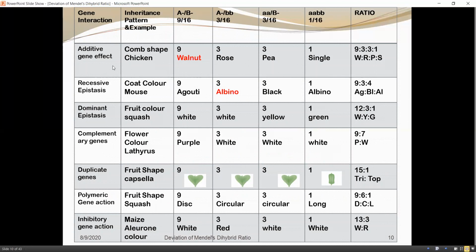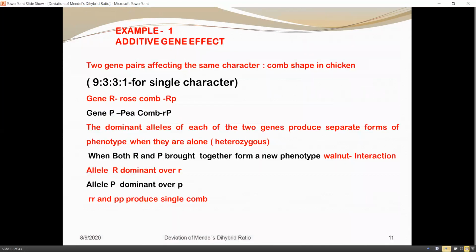And we have seen additive gene effect, recessive epistasis, dominant epistasis, complementary gene, duplicate gene, polymeric gene action, inhibitory gene action, etc. Now, example number 1, which shows additive gene effect.